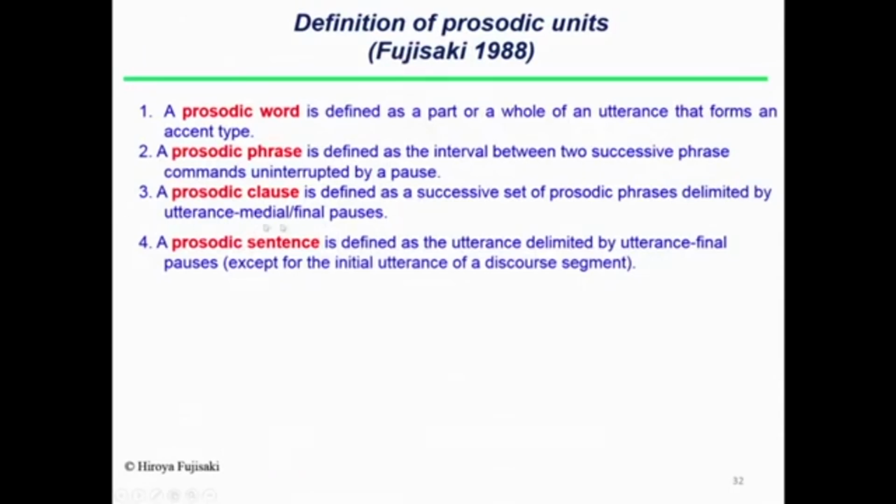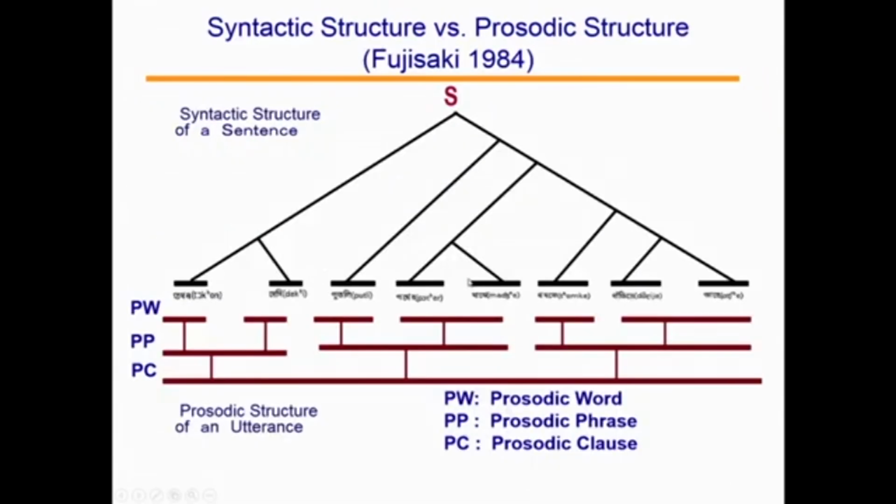Then he defined the prosodic clause and prosodic utterances. Now, as per this definition, if I draw the prosodic utterance structure, suppose "তখন দেখি পুতলি পথের মাঝে থমকে দাঁড়িয়ে আছে" is a prosodic utterance. If I draw the rough syntactic tree of this sentence, which depends on the verb and the distance from it, then the prosodic word, PW, is defined like this. "তখন দেখি" is a prosodic word.